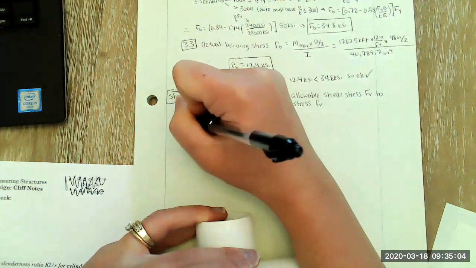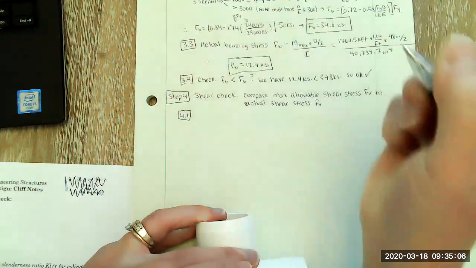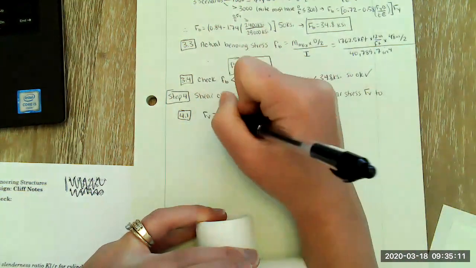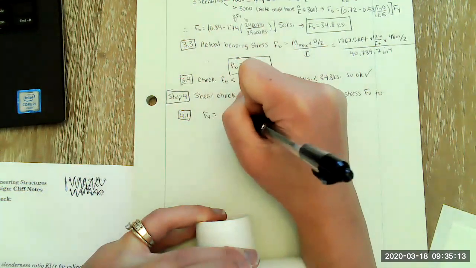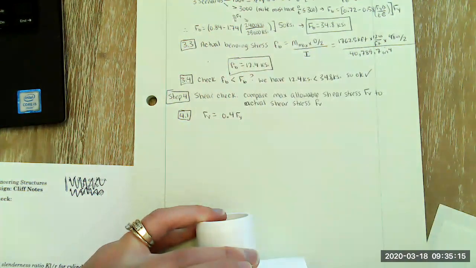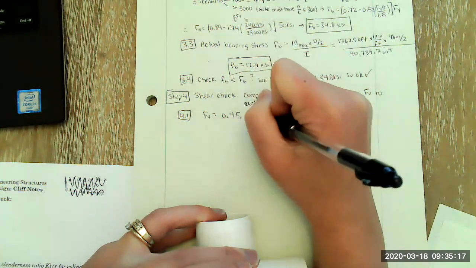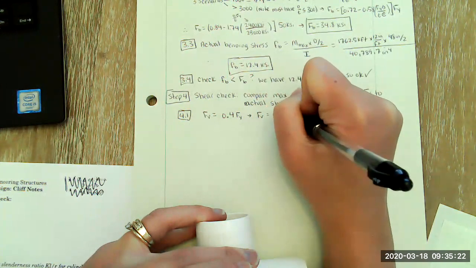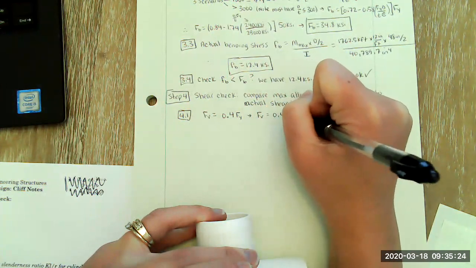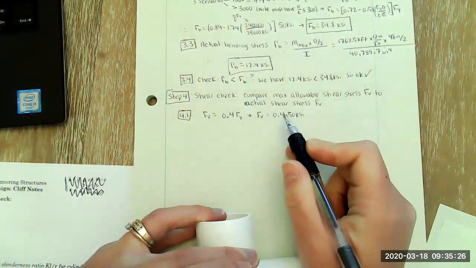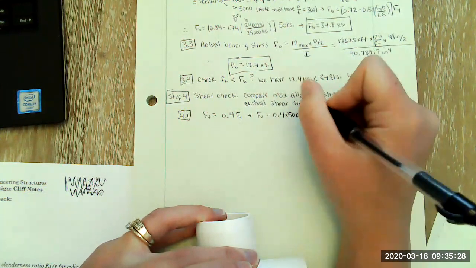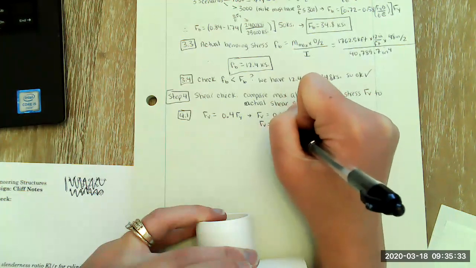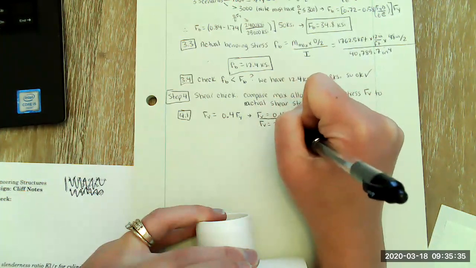This is a pretty quick check. Your allowable shear stress, capital F sub v, will always equal 0.4 times Fy. We have Fy equal to 50 KSI. So our allowable shear stress is equal to 0.4 times 50 KSI, or 20 kips per square inch.